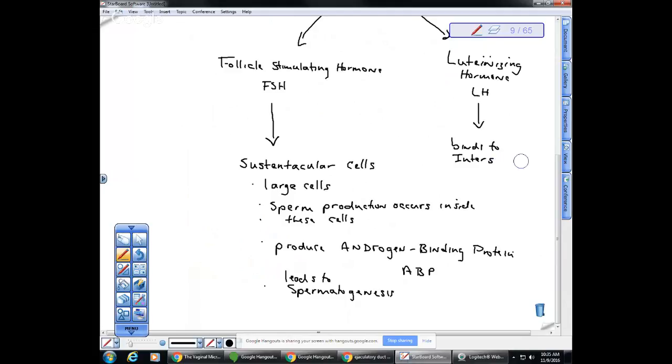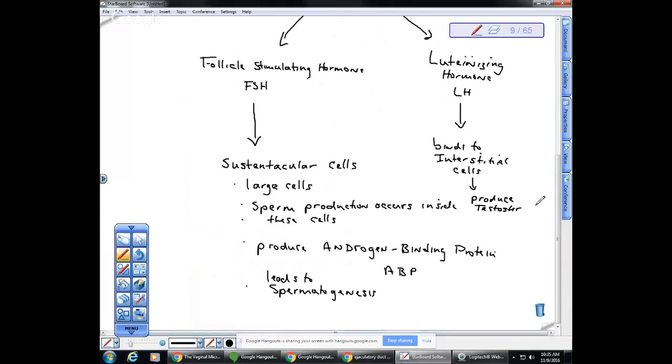Interstitial, so think outside, like when we talk about interstitial fluid, which is outside the cell. So these are outside the seminiferous tubule, and these produce testosterone. So we could say that the testes is also an endocrine gland because testosterone is a hormone.